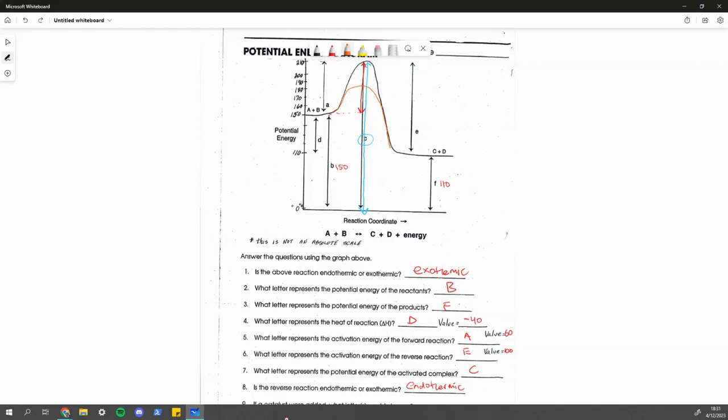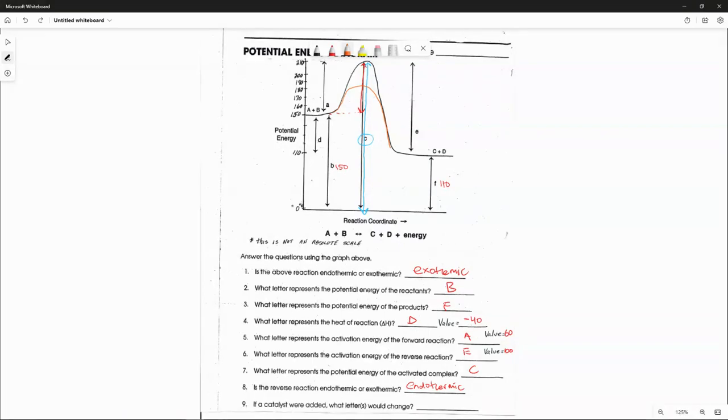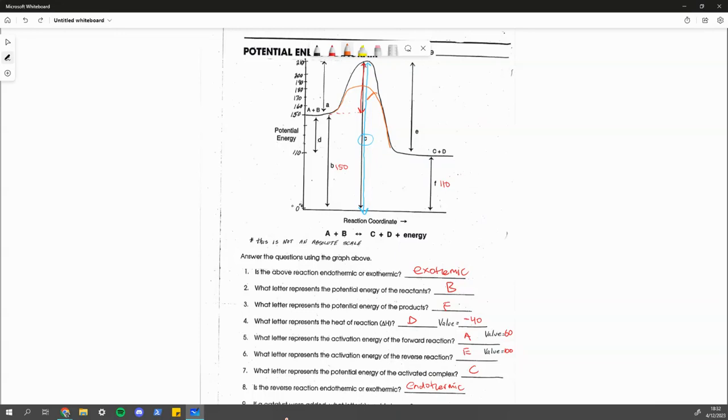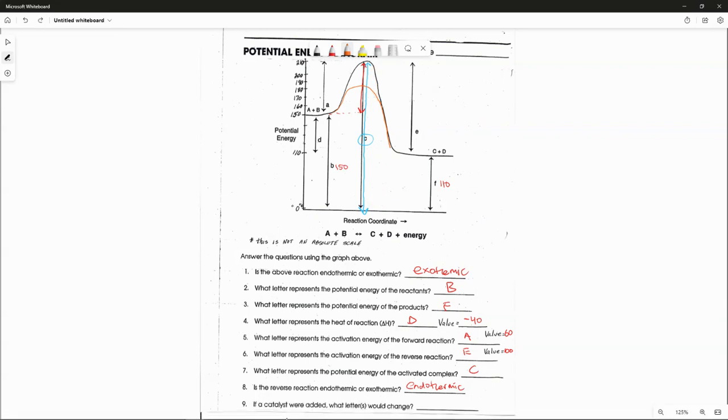So if you were to lower this to this orange line here, then all we would be changing are the letters C. So this value right here would change because it's now going from here and not up from here. So the letters that would change is going to be C.